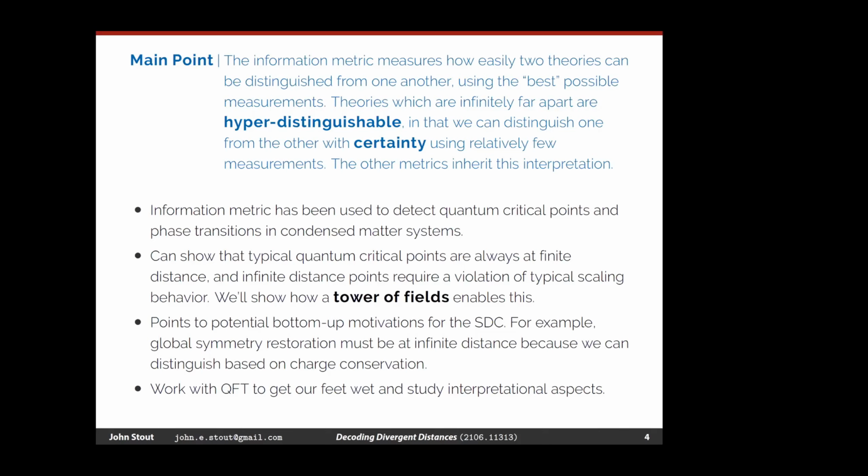Yeah, so that's a good question. The thing that I can say is that if I'm asking when a quantum critical point can be at infinite distance, that necessarily requires that this critical point is atypical. It doesn't display the type of behavior that most quantum critical points that we're familiar with do.